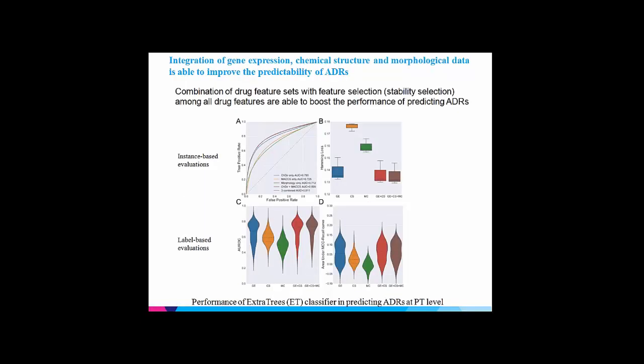So then I started to make those machine learning models in threefold cross-validation schemes. All of the evaluation plots shown here are based on the average of threefold cross-validation.